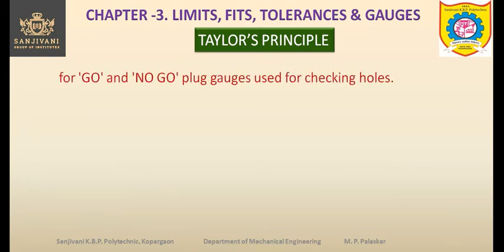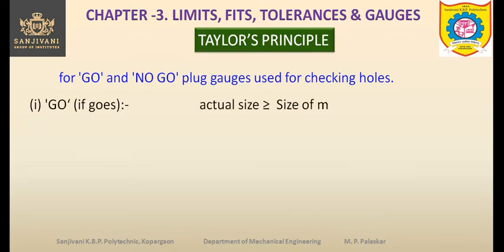For go and no go plug gauges, which are used for checking holes, if the go is entering inside the job, it means the actual size of the job is greater than the minimum limit of the hole.